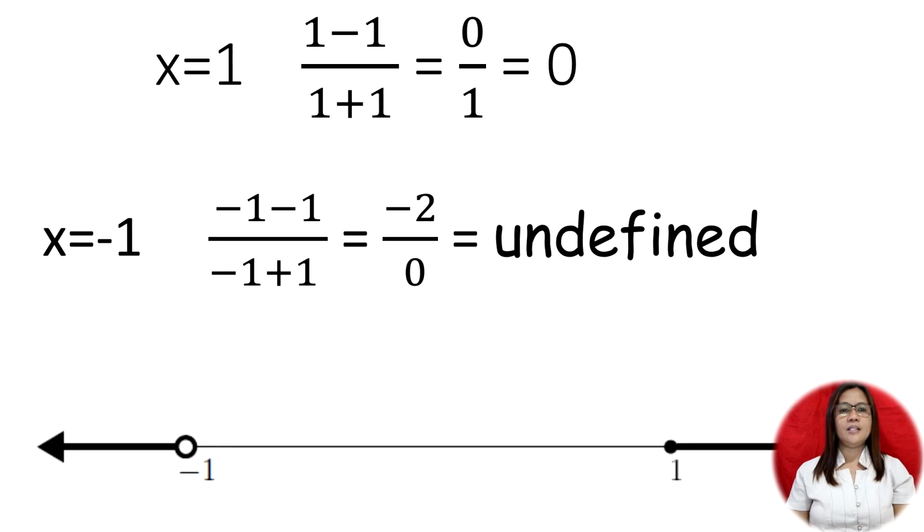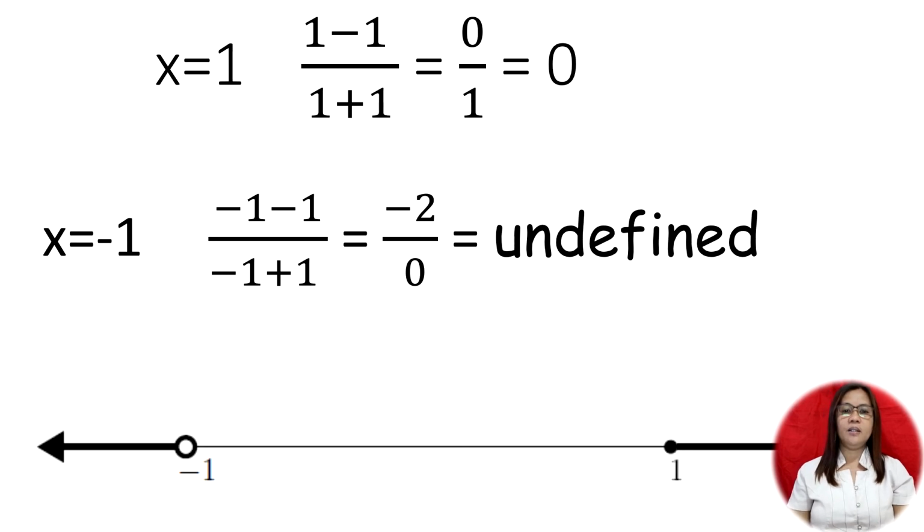The value x is equal to 1 is included in the solutions since it makes the fraction equal to 0. That is 1 minus 1 over 1 plus 1 is equal to 0 over 2 is equal to 0. While x is equal to negative 1 makes the fraction undefined. That is negative 1 minus 1 over negative 1 plus 1 is equal to negative 2 over 0, which is undefined.